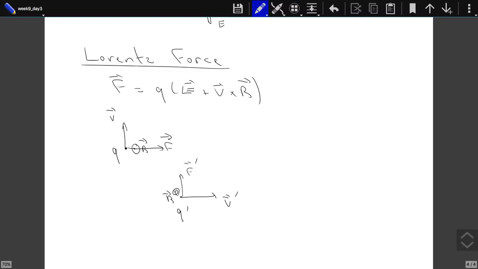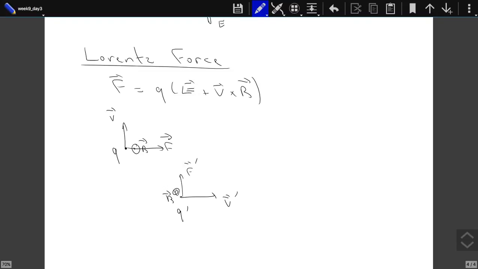If you look at these systems in the next moment, Q prime will acquire momentum in the upward direction, whereas Q will acquire momentum in the right direction. The change in their total momentum will be non-zero. Although there are no external forces acting on my system, they are gaining momentum.